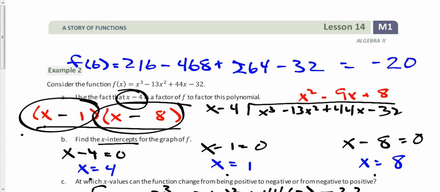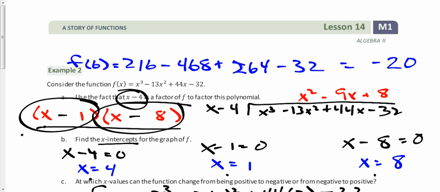And now, let's pick another easy number. Let's pick 10. 10 cubed is what? 10 times 10 is 100, times 10 is 1,000. Minus 13 times 100, so minus 1,300.